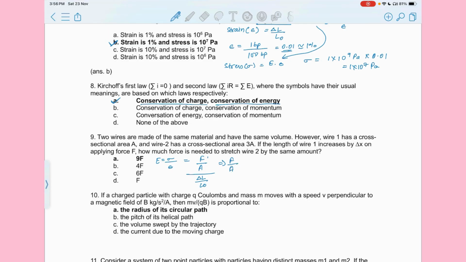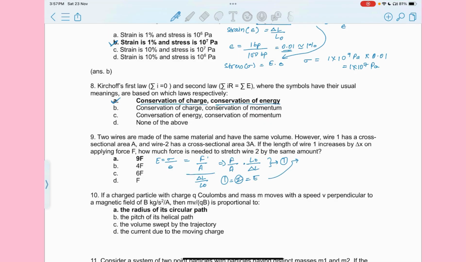This can be written as F upon A multiplied by L naught upon del L. Now, this is the initial case. The Young's modulus for the two objects will always remain the same. So we can say that for case 1 and case 2, we equate the Young's modulus.